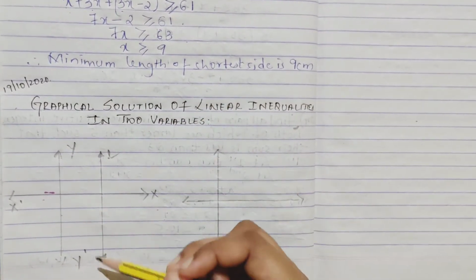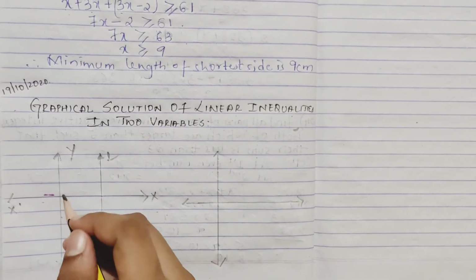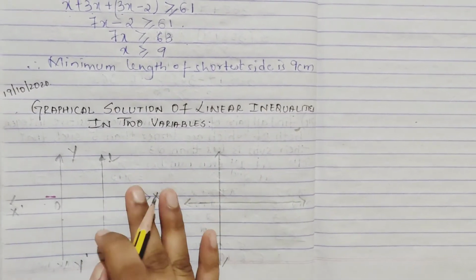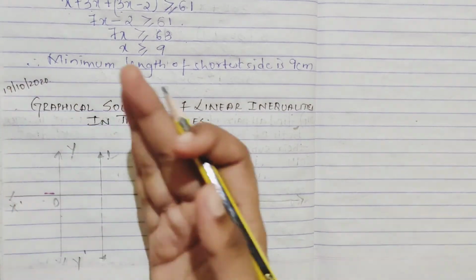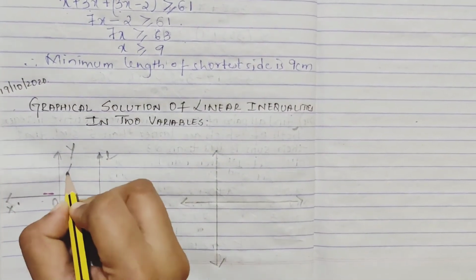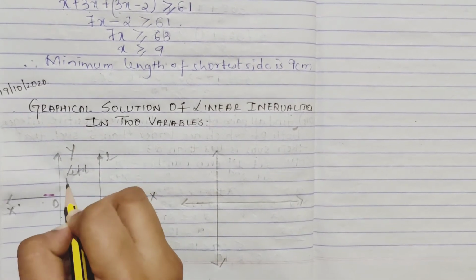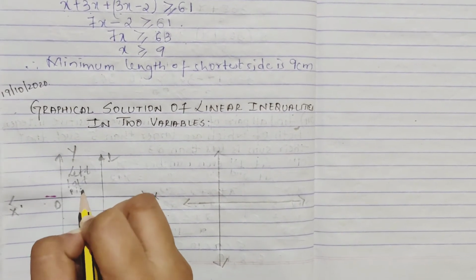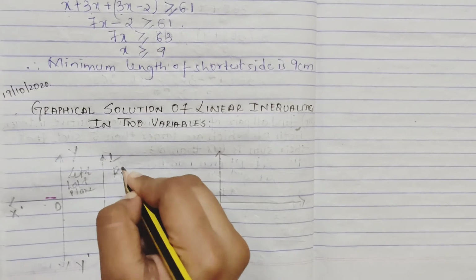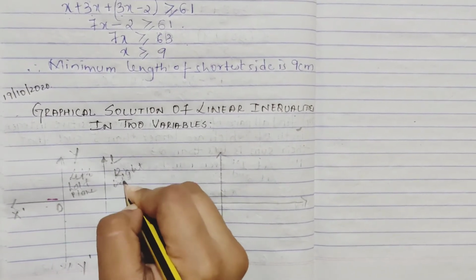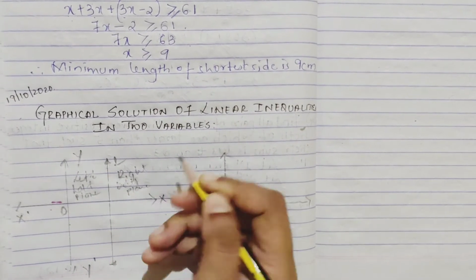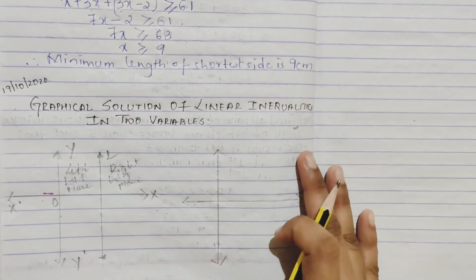This vertical line divides the plane into two parts, your left part and your right part. When it divides equally, this is called the left half plane, and this is called your right half plane. This is what we call them when a vertical line divides the Cartesian plane.